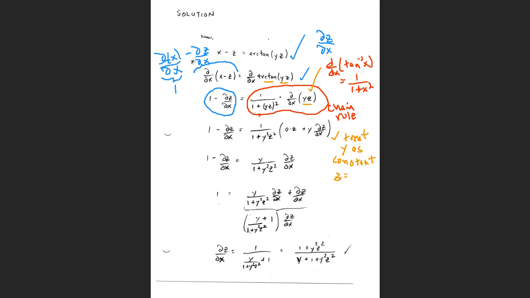Z, we implicitly understand as a function of x and y, right? So z is a function of x and y, and we can't treat z as a constant. And we can't treat x as a constant when we're differentiating with respect to x. But we can treat y as a constant, right?